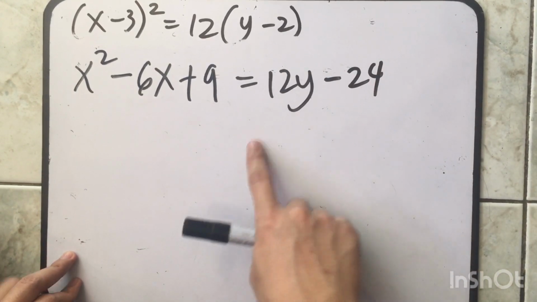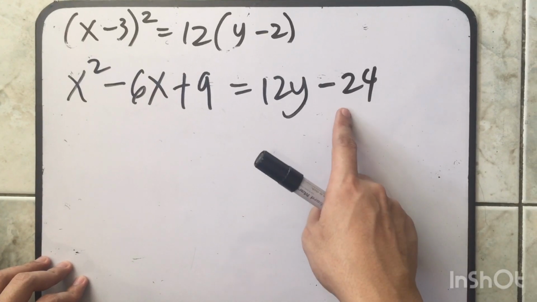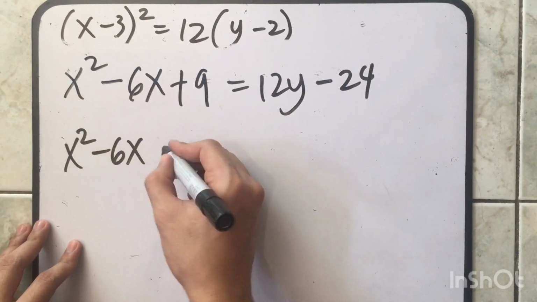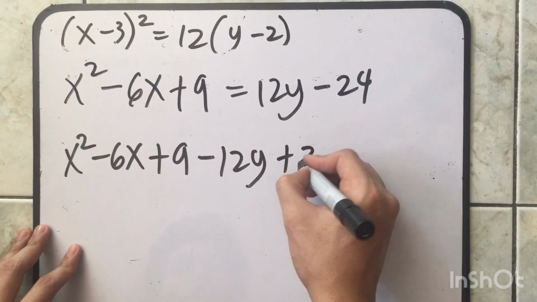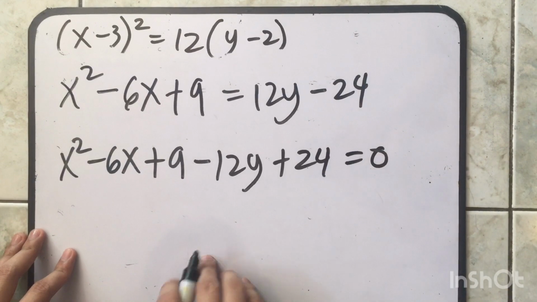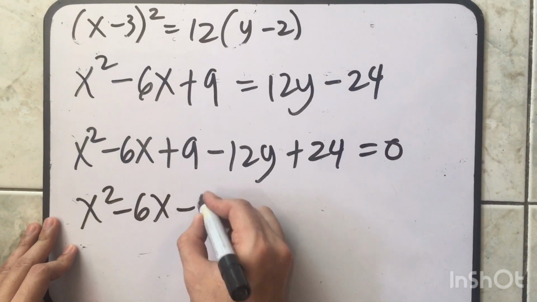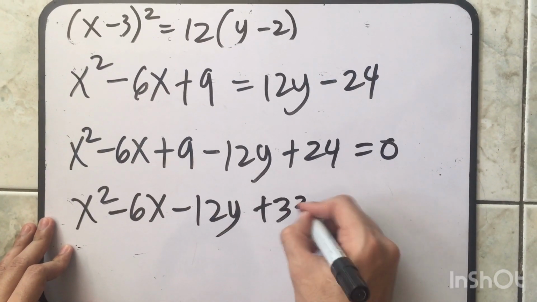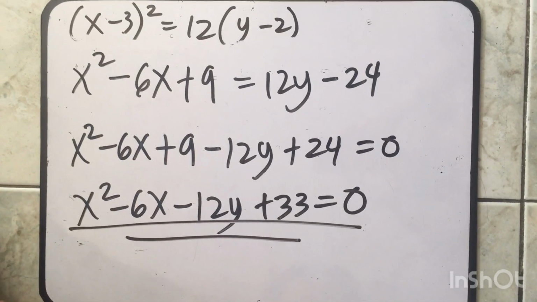Next step is transpose 12y minus 24 to the left side. It will become x squared minus 6x plus 9 minus 12y plus 24 equals 0. Then x squared minus 6x minus 12y, 9 plus 24 is 33 equals 0. And that is the general form.